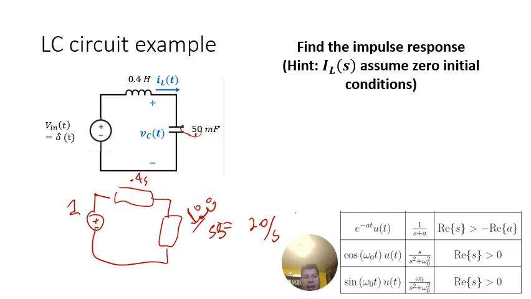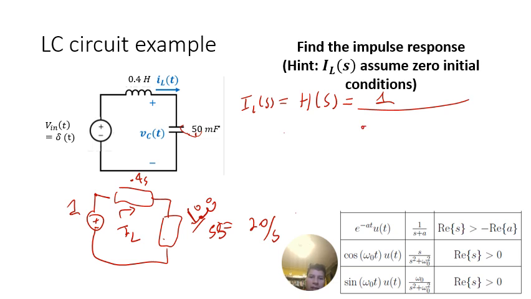Now that we know this, we want to find IL, so IL of s, which is H of s for this particular case, is just going to be 1 divided by the sum of the impedances, which is 0.4s plus 20 over s. And then we want to get a polynomial in the denominator, so we multiply by s and divide by 0.4.